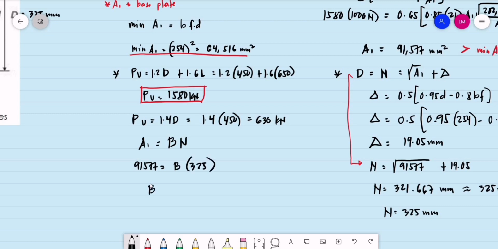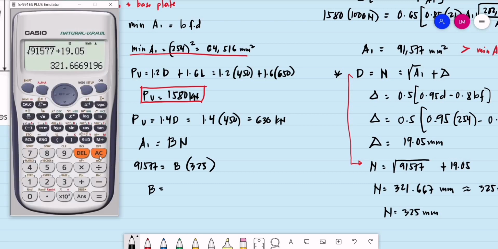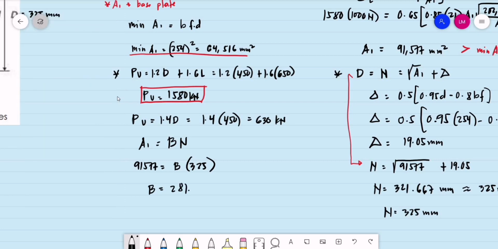So this will be the value of B. 91,577 divided by 325 is 281.775. If we are to round this up to a value divisible by 5, let's say 285 millimeters.